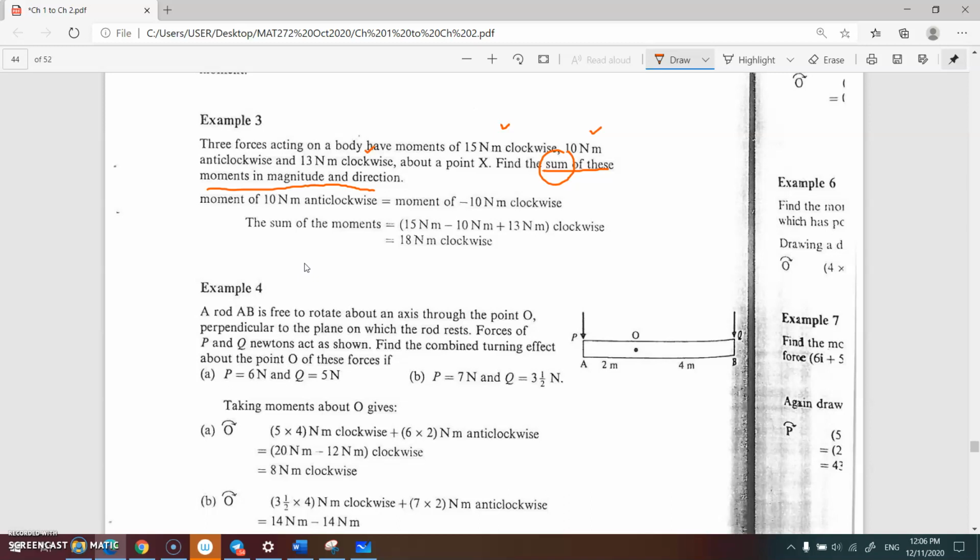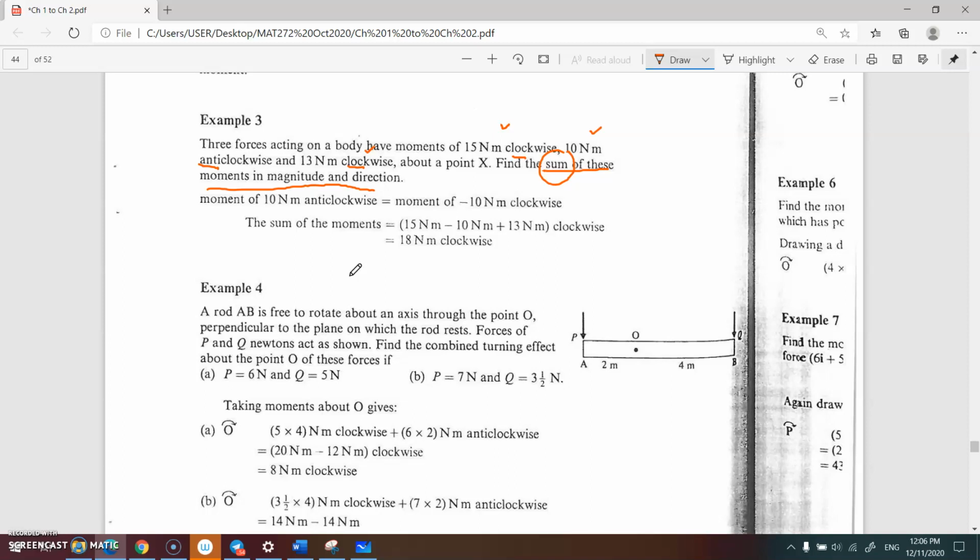But we have clockwise, anti-clockwise, and another clockwise. So you need to make it all in clockwise, or if you like to use anti-clockwise, then make it all anti-clockwise.